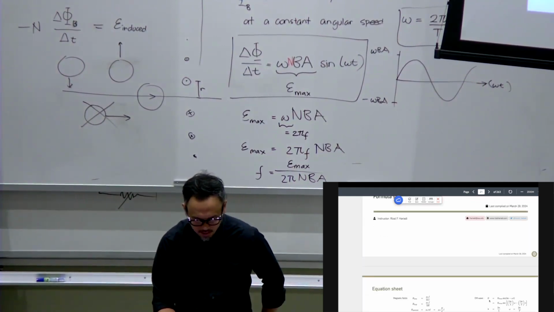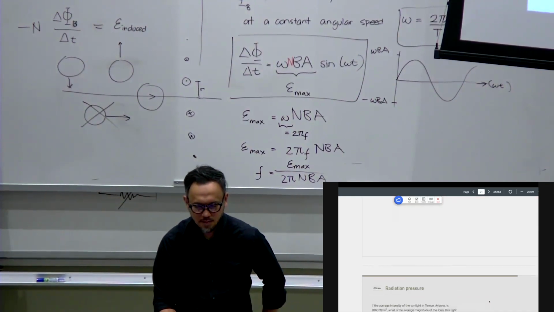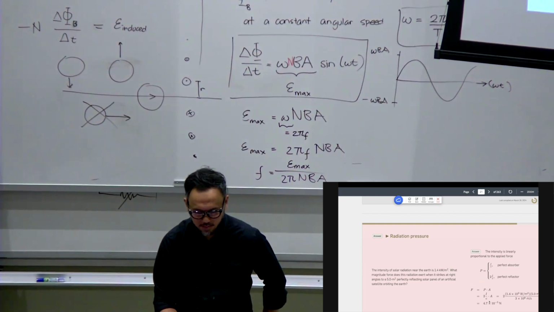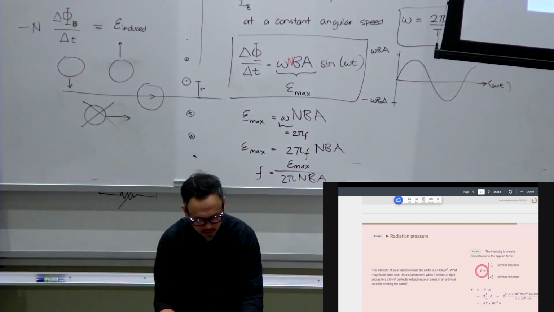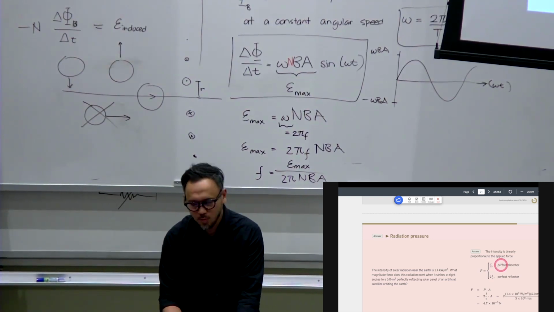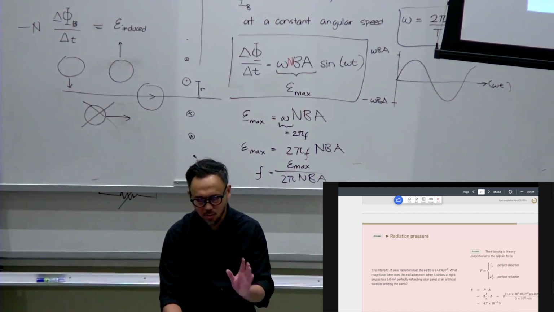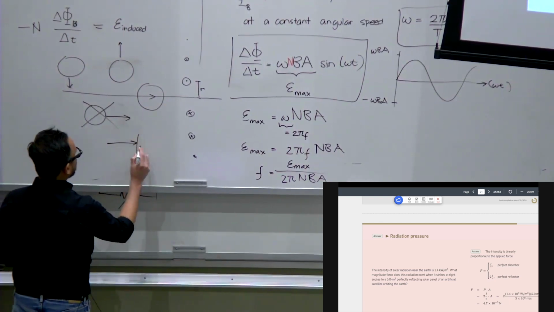Where is the, sorry, there is a radiation pressure question. Yeah. So for radiation pressure, remember pressure has two equations. We call this a conditional equation. Case one, for a perfect absorber, because again, light hits and stops.